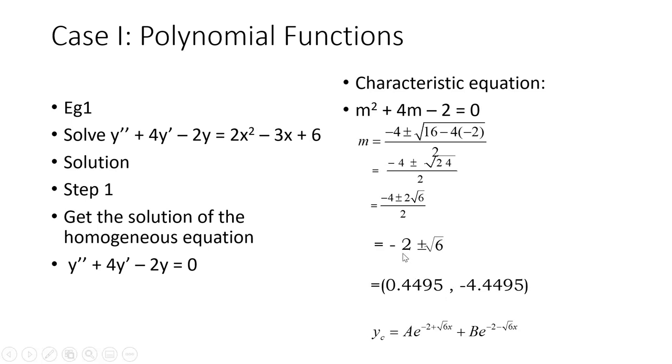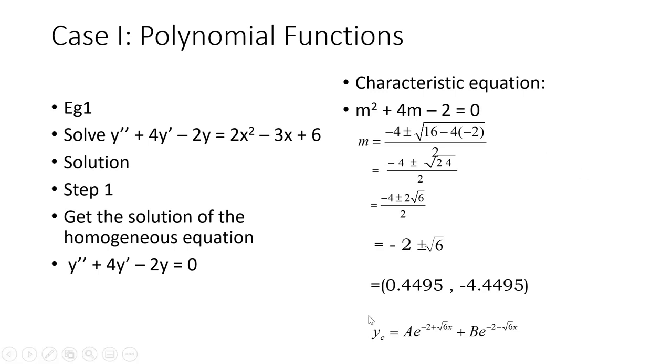So this is the first case of the homogeneous solution. You have real and different roots. So you have a e to the m1 x, where m1 is negative 2 plus 6, plus b e to the m2 x, where the second root is negative 2 minus 6.